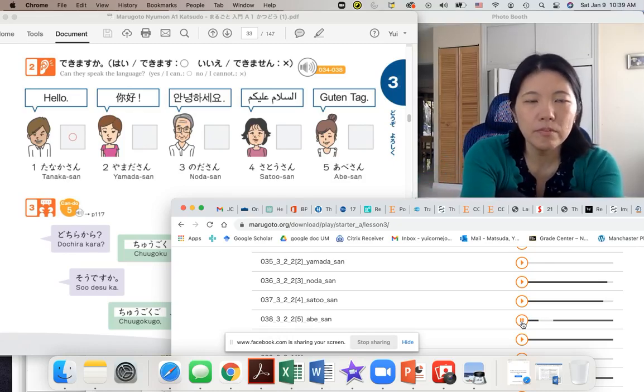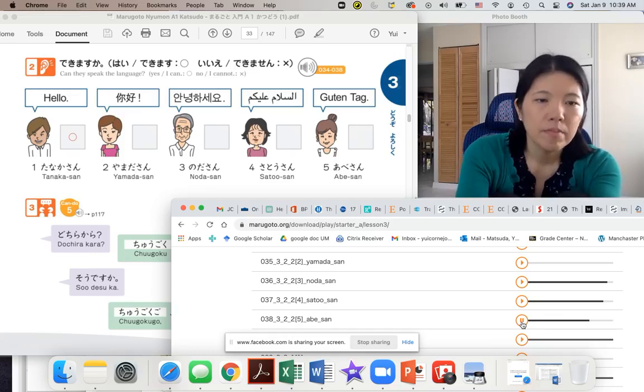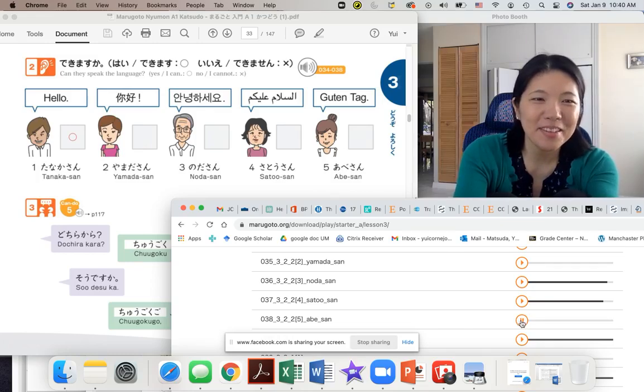5. 安倍さんはドイツ語ができますか？はい、少しできます。今、勉強中です。勉強中。へえ、そうですか。Okay, so maybe you heard a keyword, but let's hear it again.